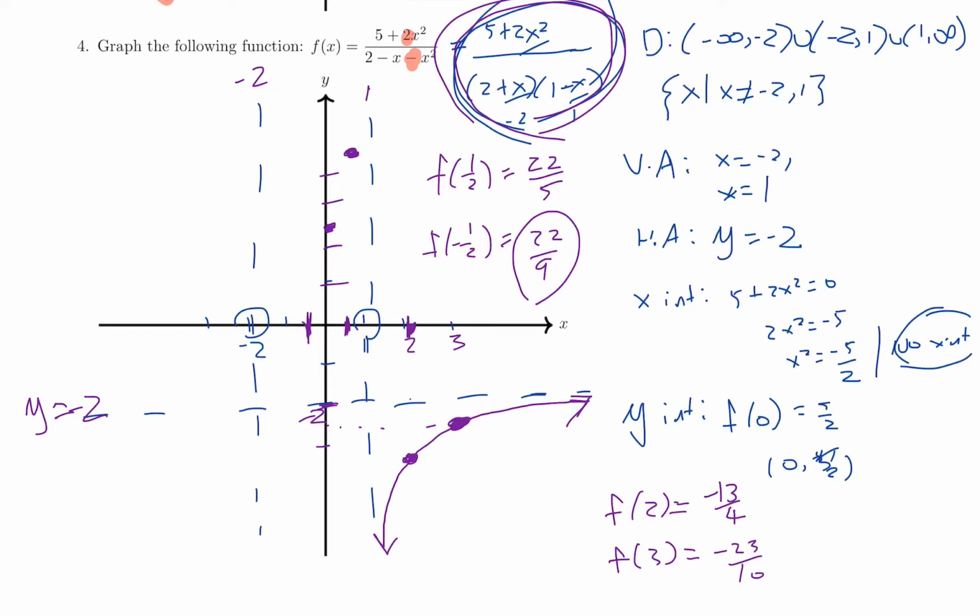So there's a y-intercept. Negative half will give us some number right here. And we're going to actually try another point, negative 1. So now f of negative 1 will give us 7 over 2, which is 3.5. So when negative 1, it gives us 3.5 somewhere here.